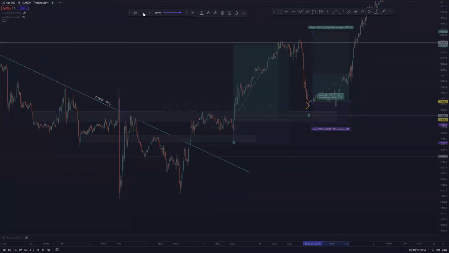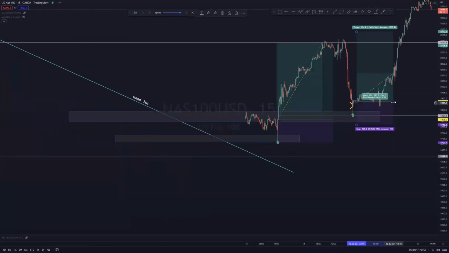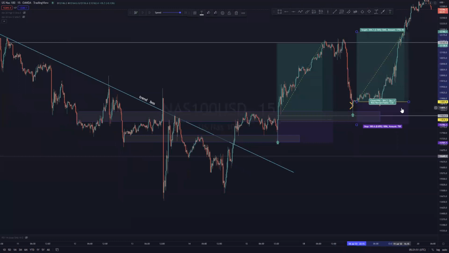This trade put us direct to the TP. So in this trade, we collected almost 630 ticks on this trade for just on the interval of 3 days.